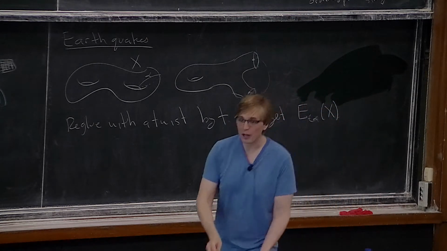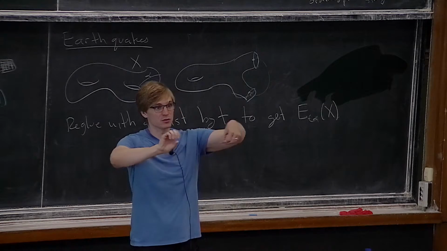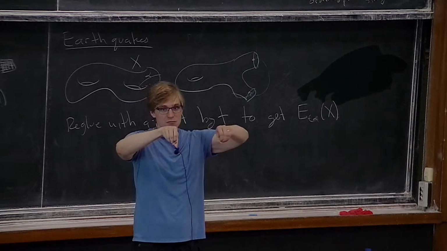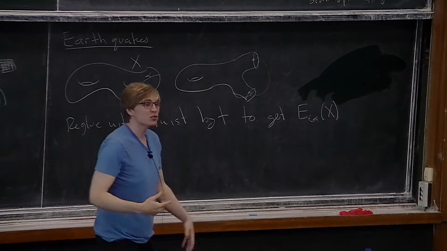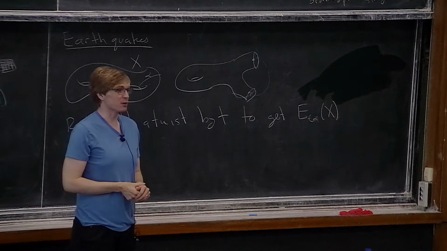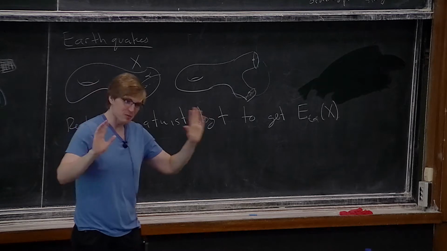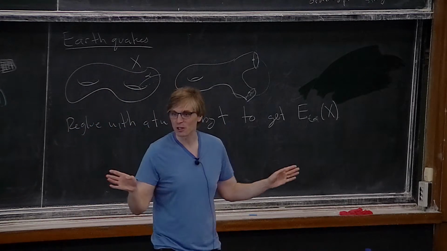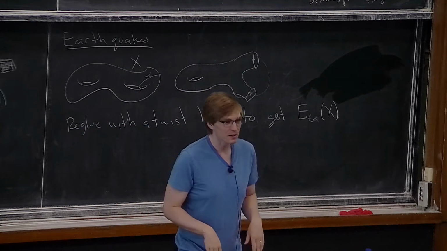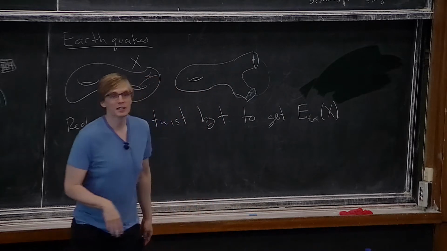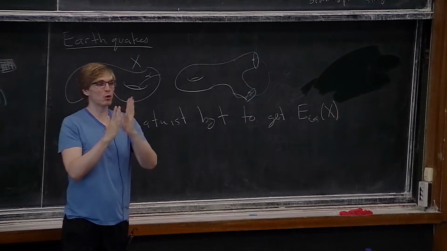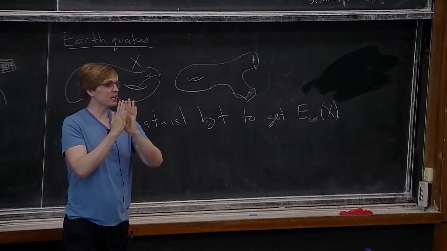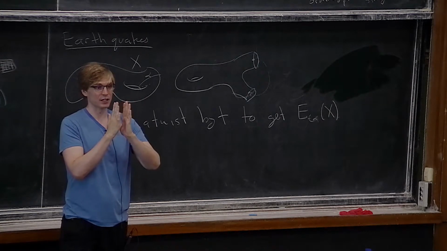And there's 2 ways you can twist. You could reglue and twist like this, or reglue and twist like that. And this gives rise to a notion of left earthquake and right earthquake. You just pick one, and then we're going to do either left earthquakes for all time or right earthquakes for all time. One way to keep track of the difference is to imagine 2 people, one standing on either side of this geodesic, looking at each other.